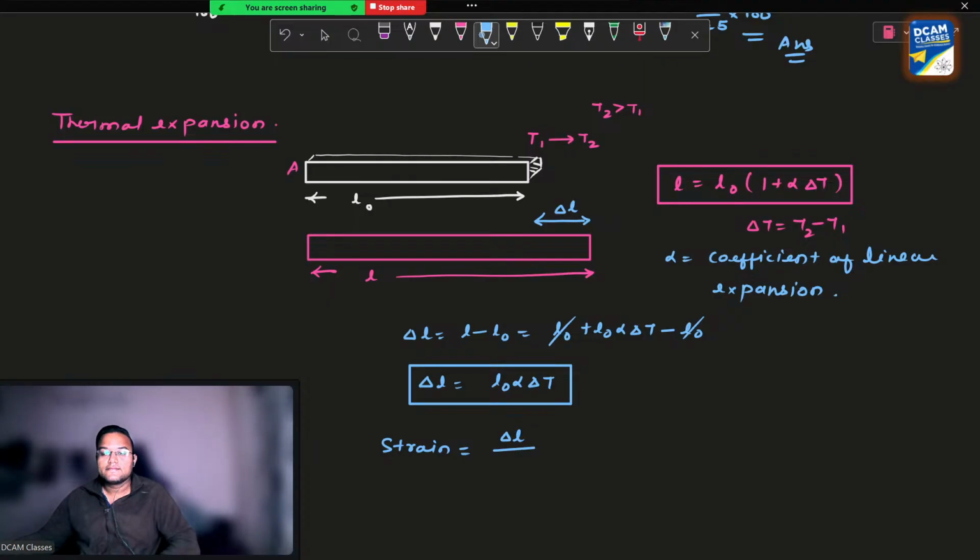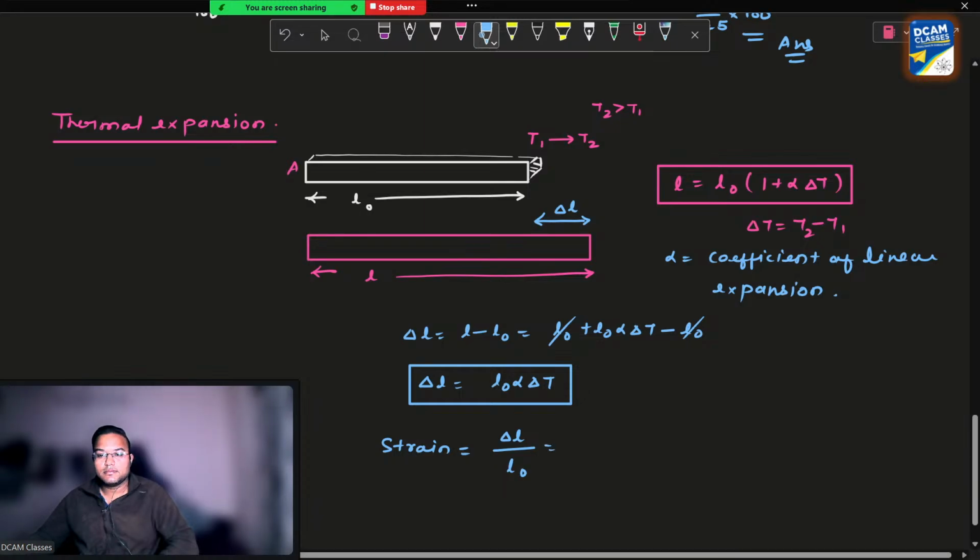There are different types of strain, but when you are talking about linear strain, it's the change in length per unit original length. So delta L by L naught. Here delta L is L naught alpha delta T, original is L naught, so the strain becomes alpha delta T.